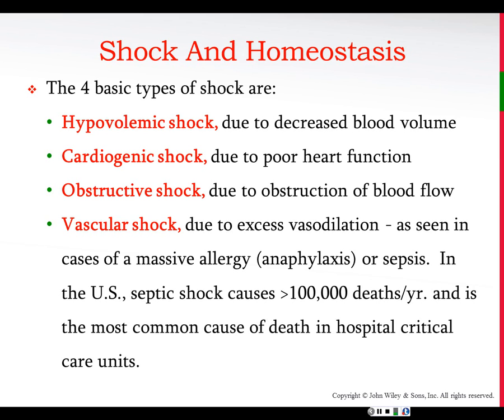It's technically anaphylactic shock, but with anaphylactic shock you get widespread vasodilation due to that allergen being introduced. And when those vessels dilate all at once, it can drop the pressure very quickly, and subsequently that person could face a life-threatening emergency. You can also see vascular shock secondary to sepsis, and this is just when an infection spreads into an individual's bloodstream.